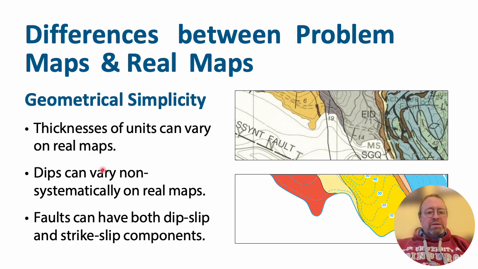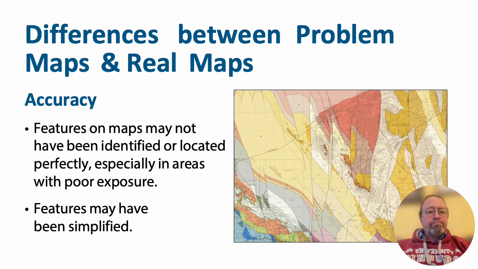And that also means that the dips don't always vary in a systematic fashion in the way that you've been looking at, and also that faults are not simple reverse or normal or strike-slip faults. They often have both dip and strike-slip components to them.